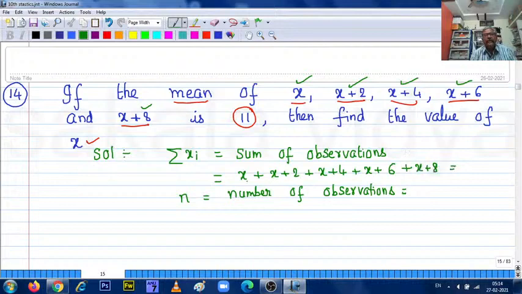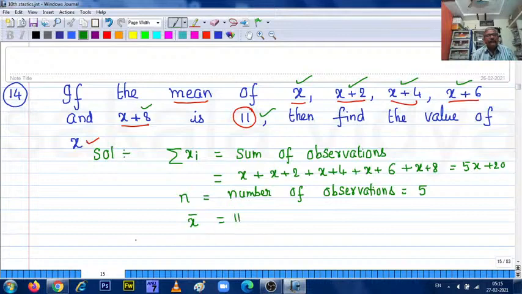So 5 x's, 8 plus 6 is 14, 14 plus 4 is 18, 20. 5x plus 20. Number of observations is 5. And mean is given. Mean x bar equals 11, given.